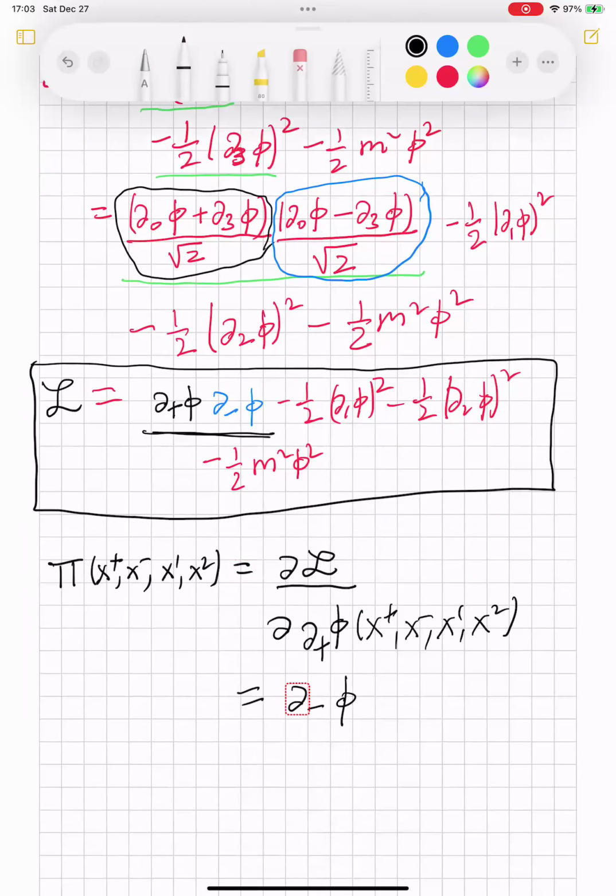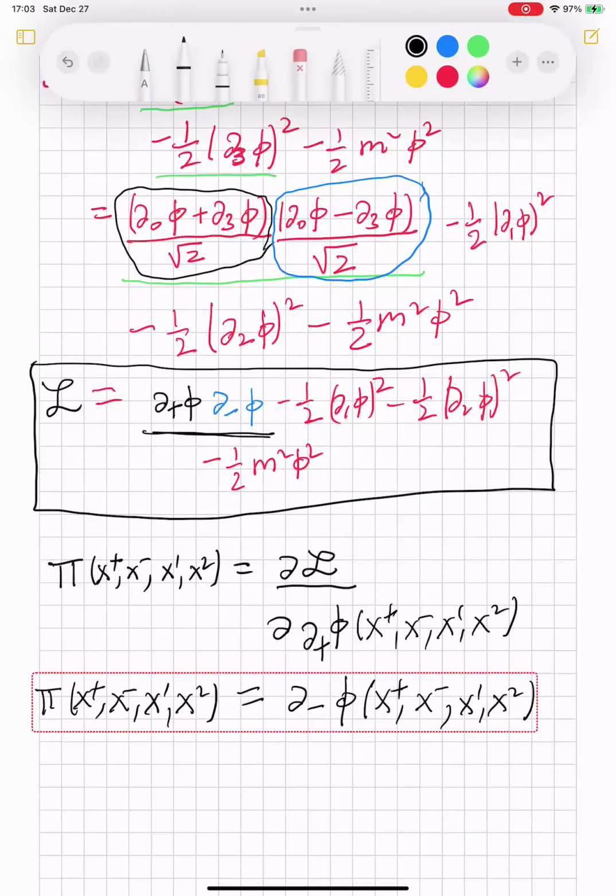So we'll get d minus phi of x plus, x minus, x1 and x2. So this is the formula now for the conjugate momentum. Okay. First difference in being in the light cone frame. Well, second, we've also got a different foliation, but you can see that pi is d minus phi.